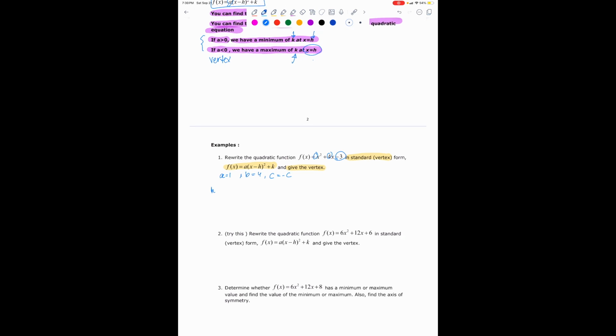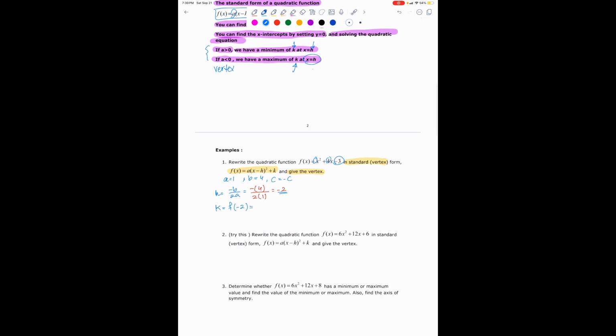We will find h. H is negative b over 2a, so we're going to substitute here. Negative times b, which is 4, over 2 times a, which is 1. That is equal to negative 4 over 2, which is negative 2. Now, in order to find k, we plug h into the function. We found h to be negative 2. We're going to plug it back into the function and evaluate the function at h.